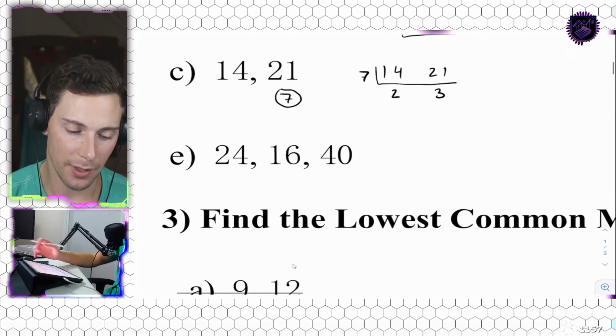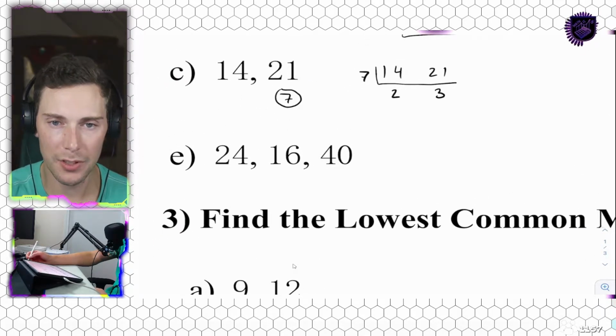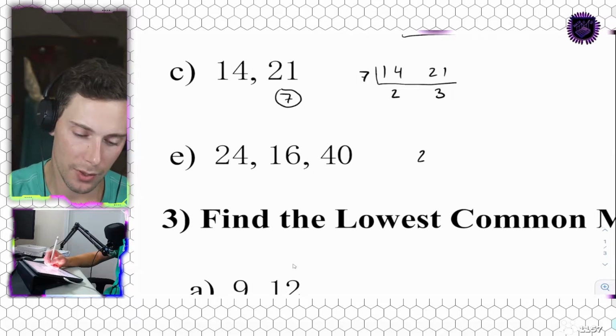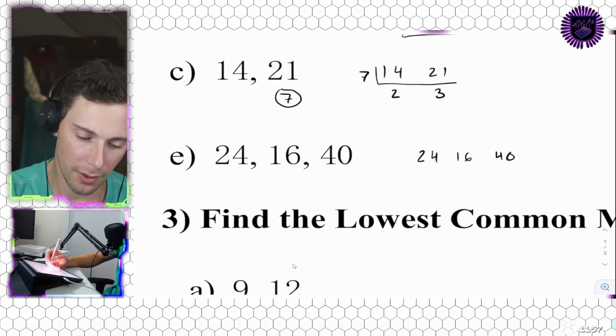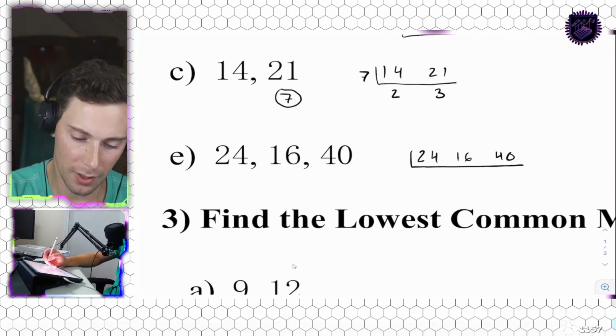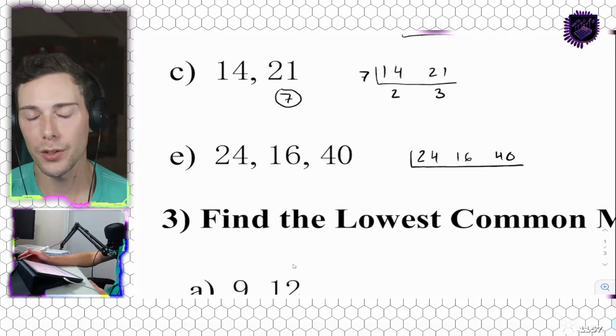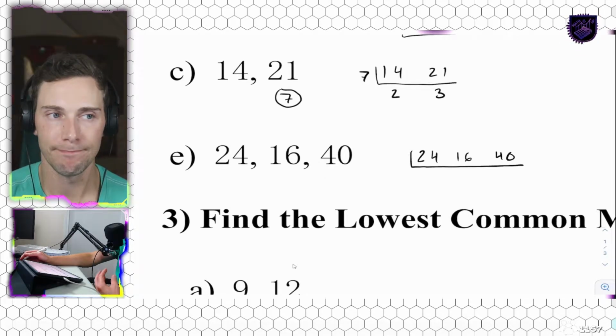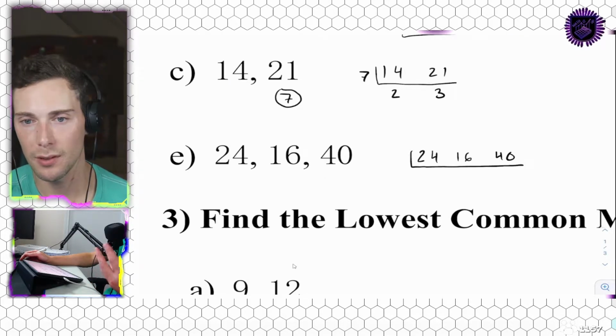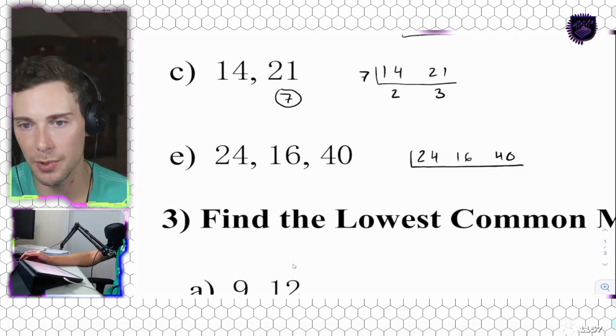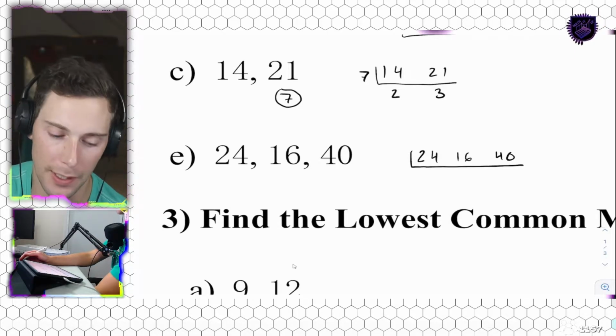Ooh, 3 numbers. All right. When it comes to 3 numbers, 24, 16, and 40, now it's harder to see those relationships. The more you have your timetable sort of down, the easier it is to see these relationships, but let's see if we can get there.